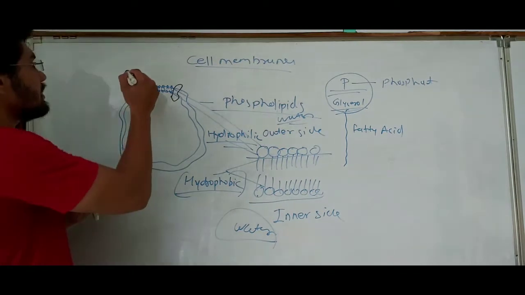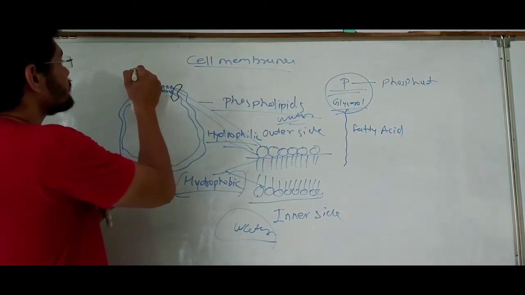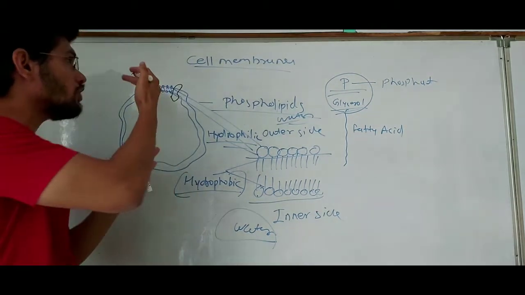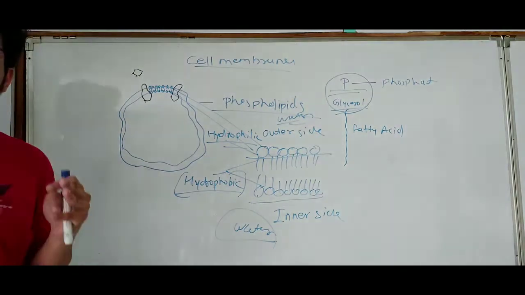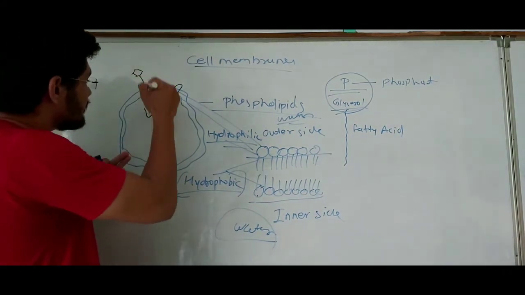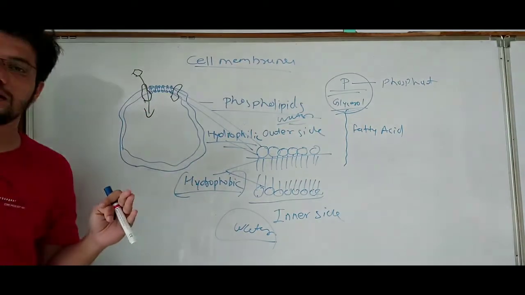Suppose the cell wants a glucose molecule to get inside; it will be allowed to come in through these integral proteins.